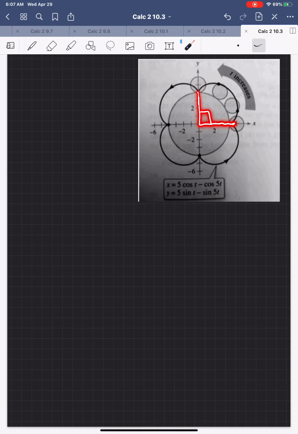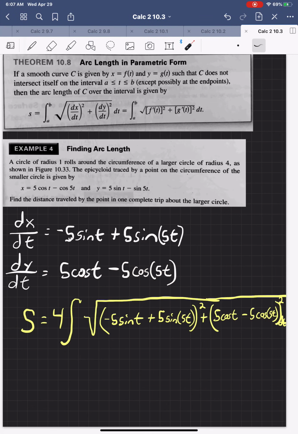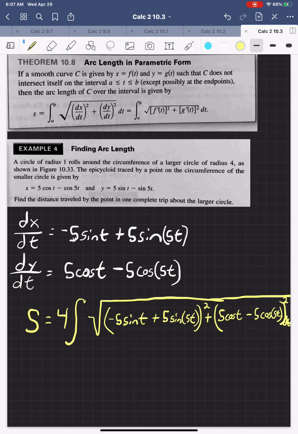Not 90, don't use degrees in calculus, use radians. To go from here to here is just pi over 2. That's why we're not going from 0 to 2 pi, because that would be the whole circle. We're going from 0 to pi over 2, and then we're going to multiply that by 4.